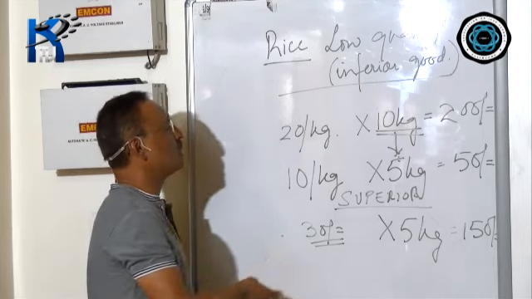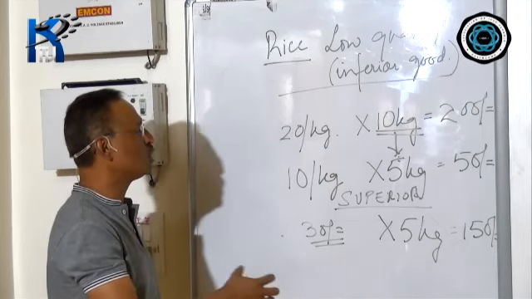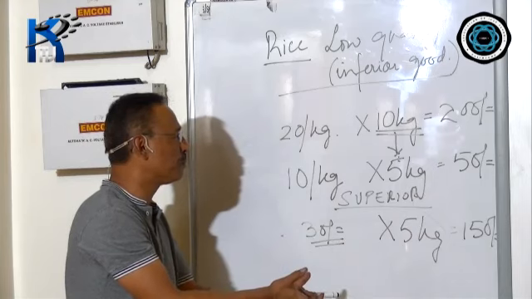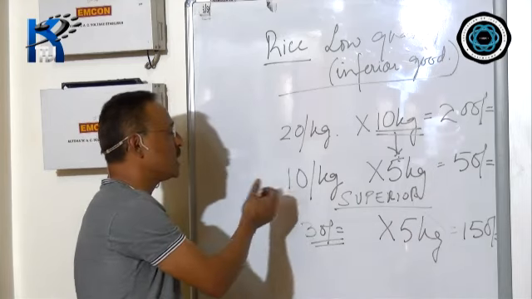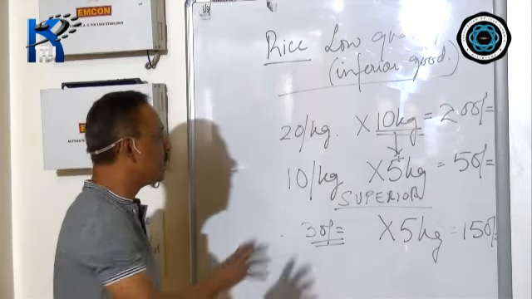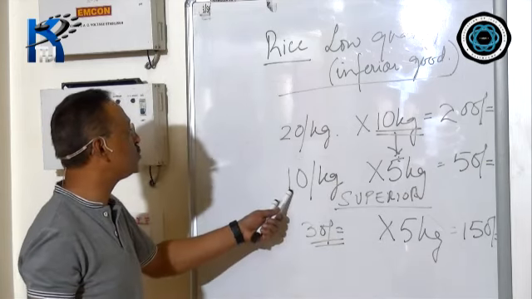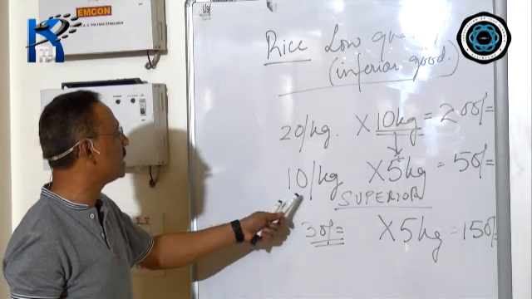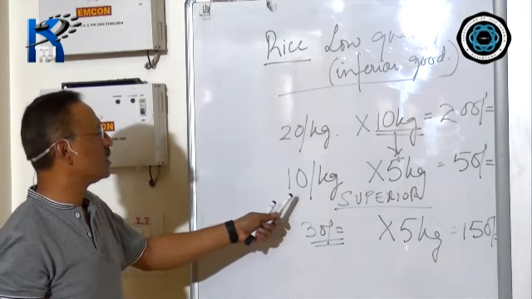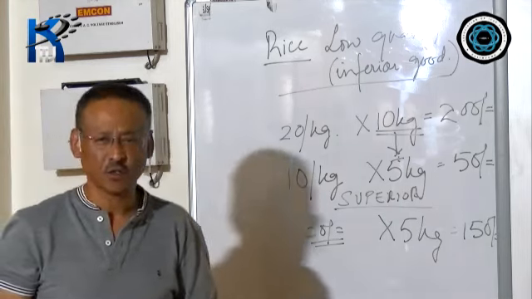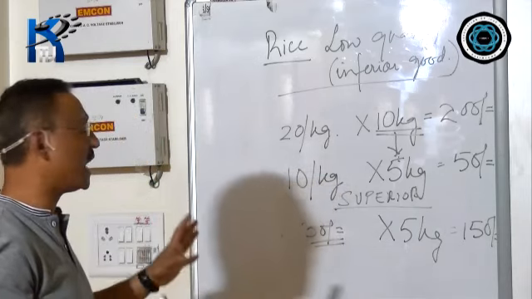Why? Because the poorer section of the people who spend a large part of their income, when the price falls, when their real income increases, they will switch over to superior quality rice. What happens to the demand for inferior quality rice? It will decrease. So now you've understood what is a Giffen good. Giffen goods are inferior goods.